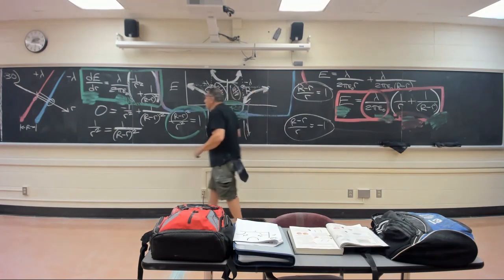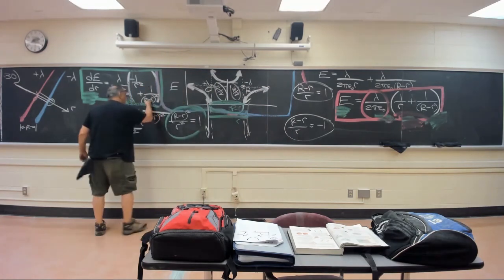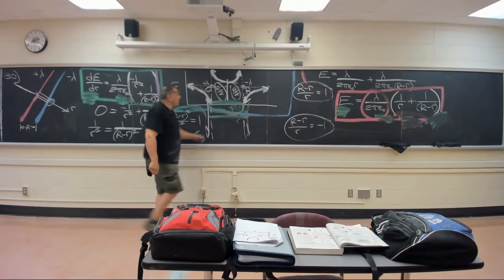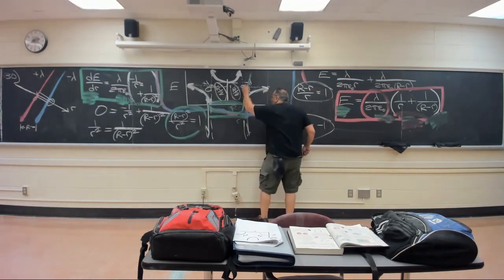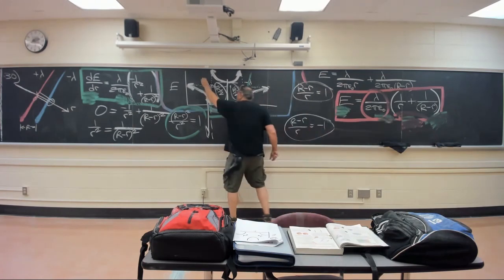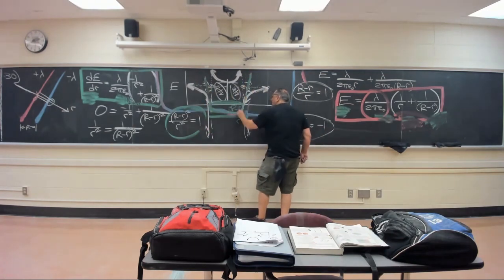Well, that's fine. This minus this is negative. Who cares? Square it, it's positive. 1 over this is a positive answer. This is a positive slope going up that way. Here it was a negative slope. Here it was a positive slope.